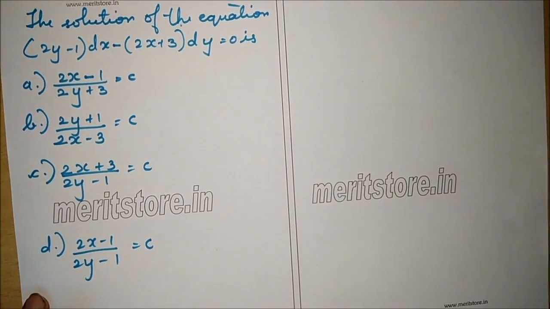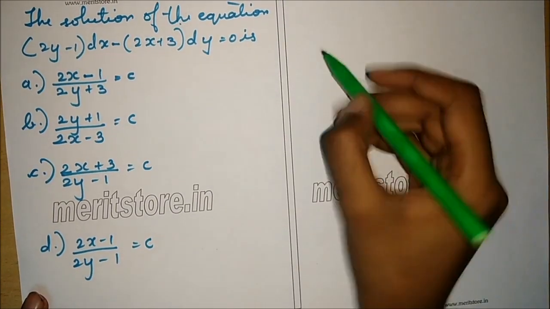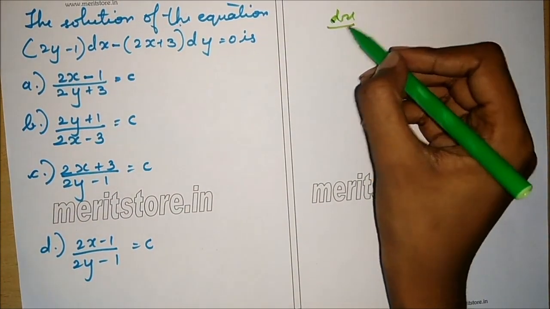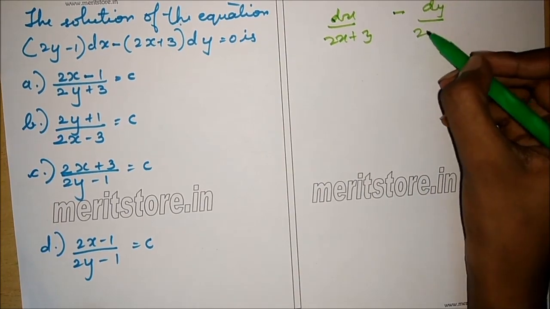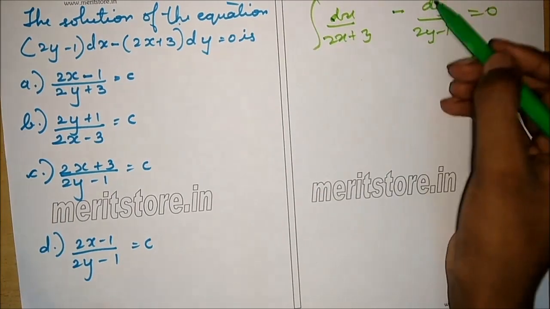The given differential equation is (2y minus 1) into dx minus (2x plus 3) dy is equal to 0. So we can write this as dx upon 2x plus 3 minus dy by 2y minus 1 is equal to 0. Shuffling the terms, that is. So now we integrate this.